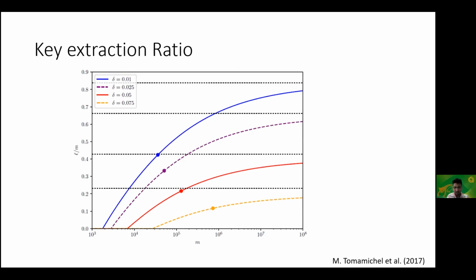So here, on the x-axis is M, which is the number of shifted key bits you have from the BB84 protocol or your protocol. On the y-axis is L by M. L is the number of secure key bits that you can eventually extract after privacy amplification, and M is the total length.